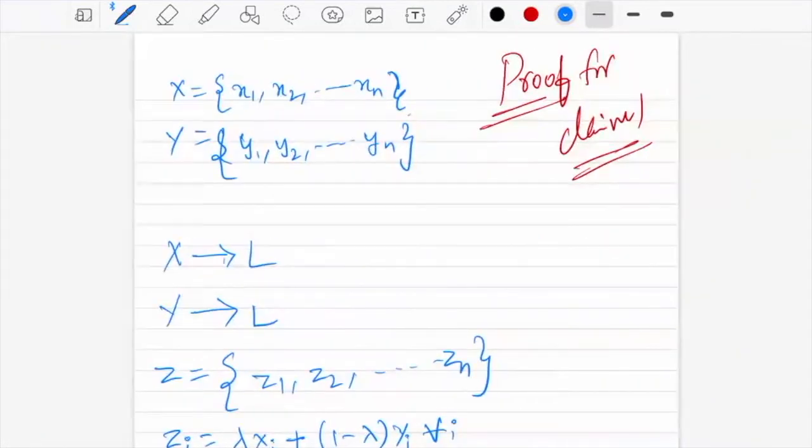Now we'll do it in a more professional way by using a proof for claim one. So I'm taking two instances, for example, X and Y, which have coordinates X1, X2 till Xn, and then Y1, Y2 till Yn. So I am going to do this in three executions, which is execution 1, 2, and this is the third execution.